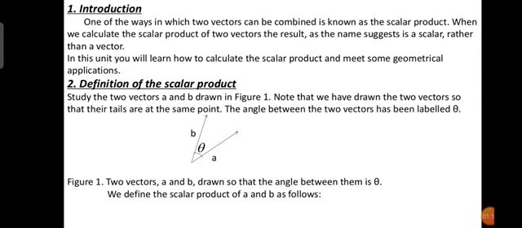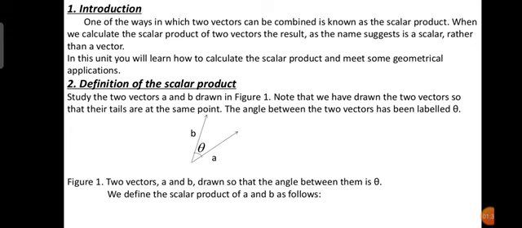One of the ways in which two vectors can be combined is known as the scalar product. Scalar product is the name, and that is a combination of vectors. We can combine two vectors. When we calculate the scalar product of two vectors, the result is a scalar rather than a vector.